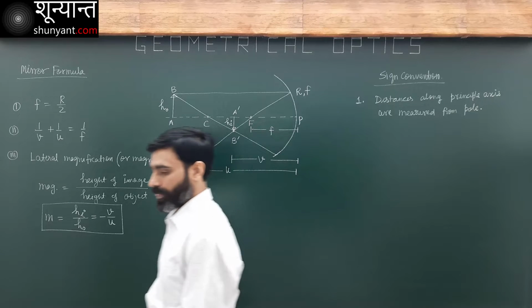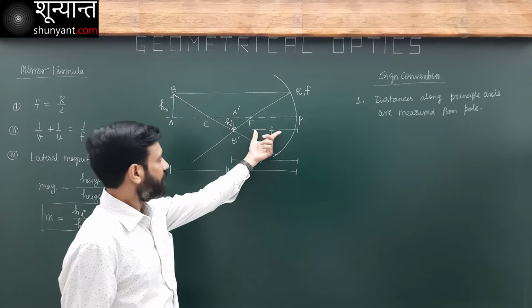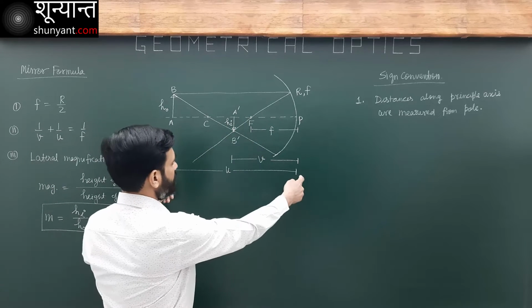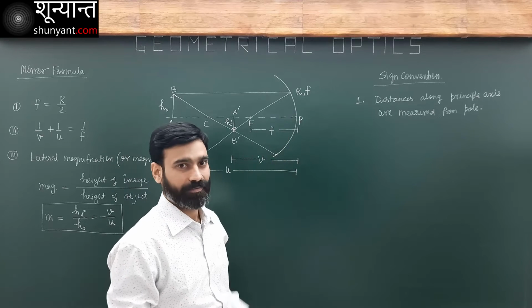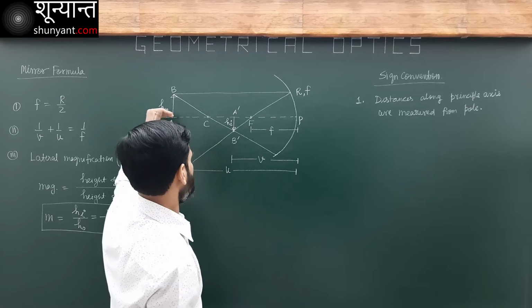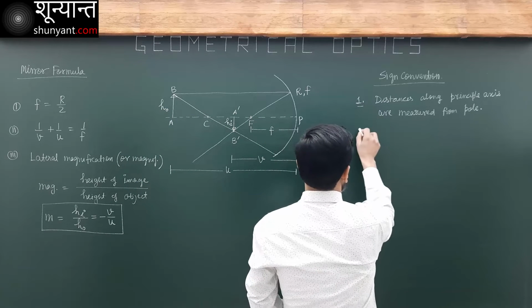First thing, all the distances, whether it is a focal length, an object distance, or the image distance, everything is measured from the pole along the principal axis. Now, this is the first convention.